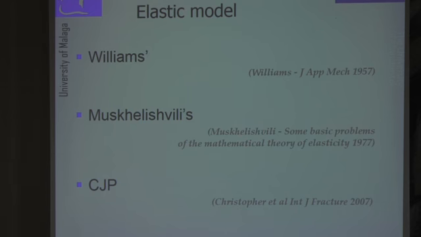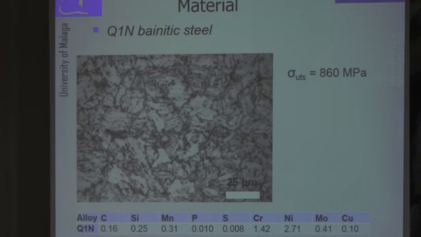We can use a basic model like Williams equations, with 1, 2, or as many terms as we want. We can use the Muskhelishvili approach, where we have a conformal mapping function that we can play around with to model a slightly different geometry, or we can even use a more advanced model like the CJP model that can give us values for stress intensities.